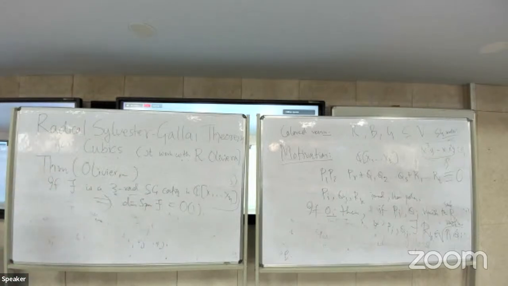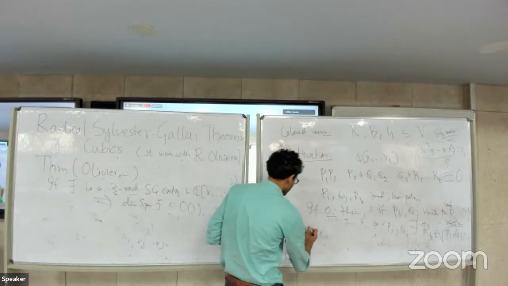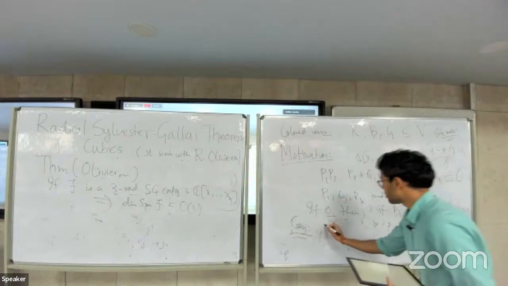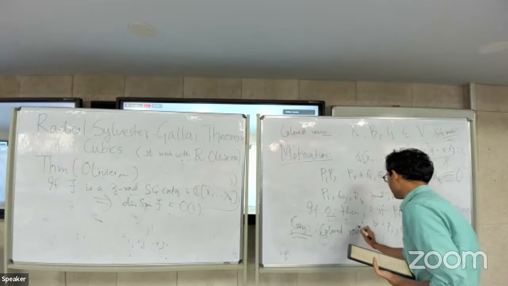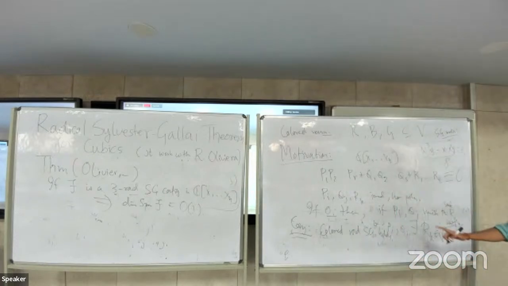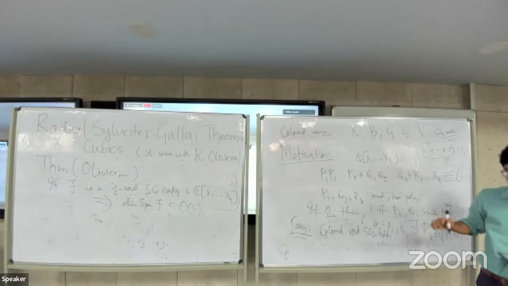So Gupta's original conjecture, he made a series of conjectures. The conjecture is, let me just say, colored radical SG holds. Gupta proved that if this holds, then you get very efficient algorithms for polynomial identity testing.